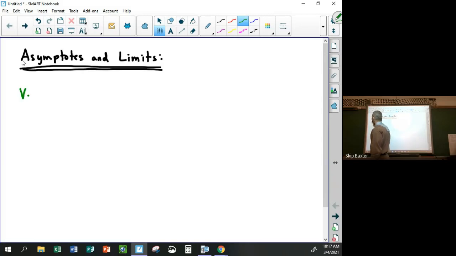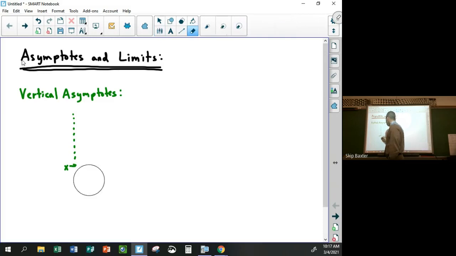So for vertical asymptotes, which would be either situation where x is a, this vertical asymptote is x equals a.